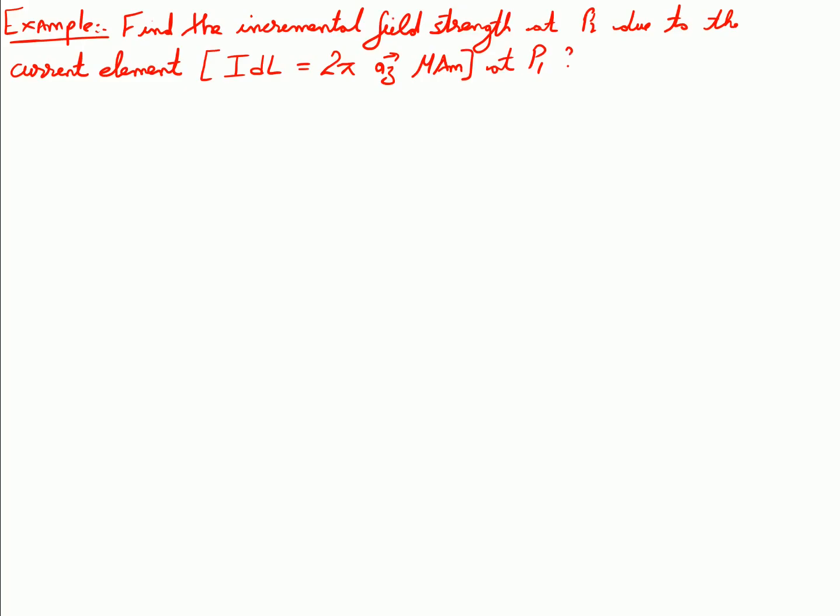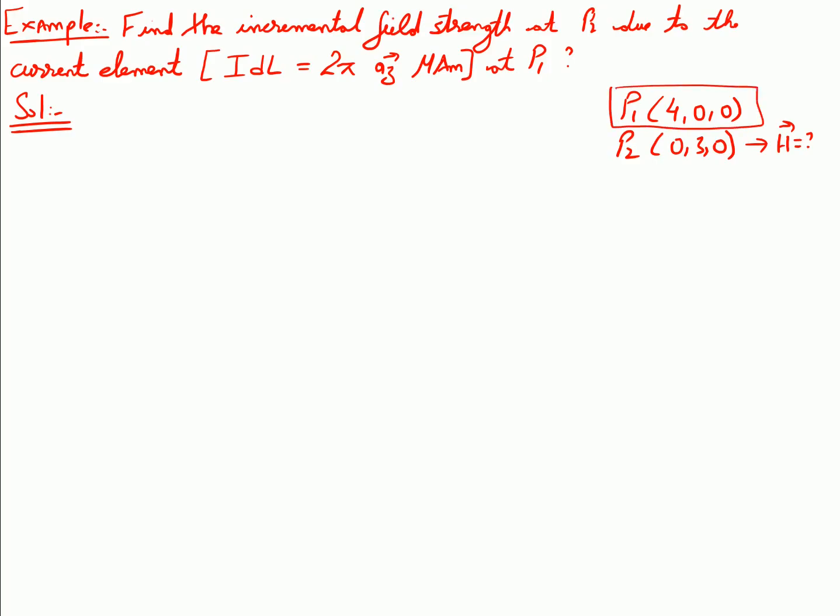So let us try to understand and plot this first. We have these points. Point P1 is at (4, 0, 0) and point P2 is at (0, 3, 0). We want to find what is the magnetic field at point P2 due to P1, and the current element is along the z-axis.